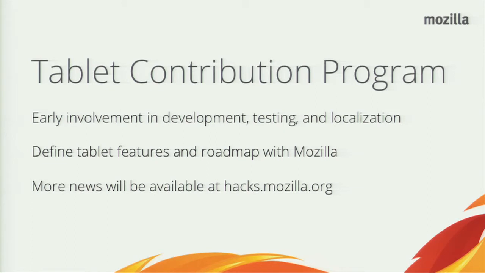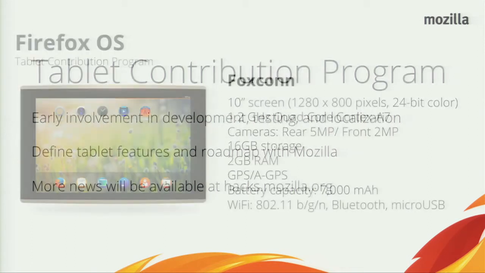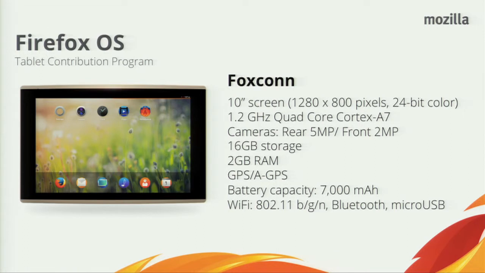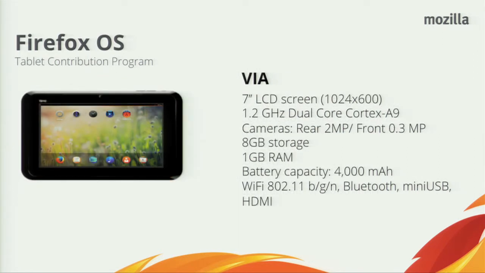So for the Tablet Contribution Program, we introduced two new tablet form factors. We have the Foxconn 10-inch tablet, which is actually a pretty powerful piece of hardware. It's a quad-core CPU. It has all the connectivity options like Wi-Fi and Bluetooth, and it has 16 gigabytes of storage. And the smaller form factor we have is a 7-inch VIA tablet. It's a dual-core CPU.